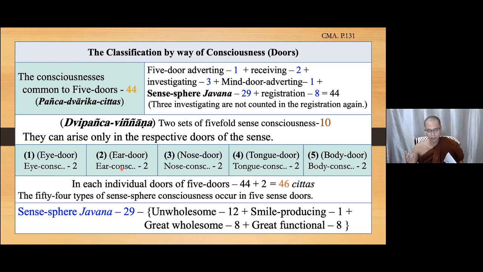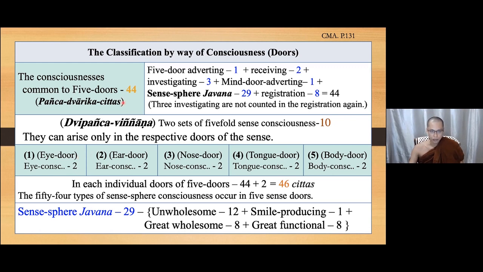So we cannot hear, we cannot see by the ear. We can see by the eyes only. In the same way, the other 4 also arise in their respective doors. So each door has 2 consciousnesses that belong to it.